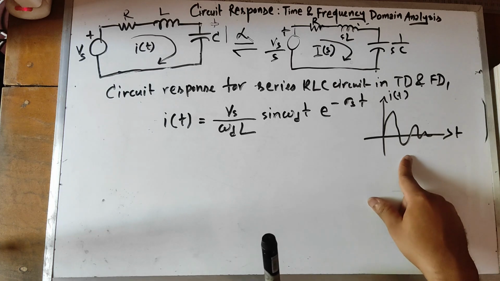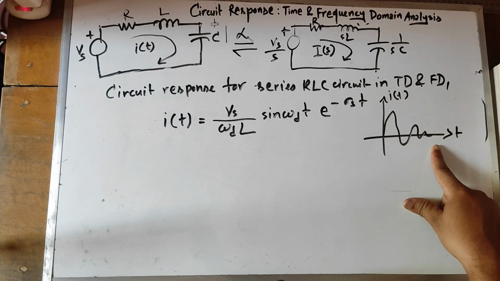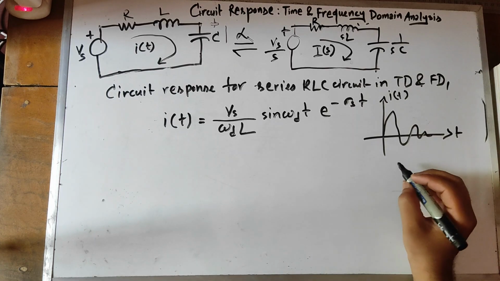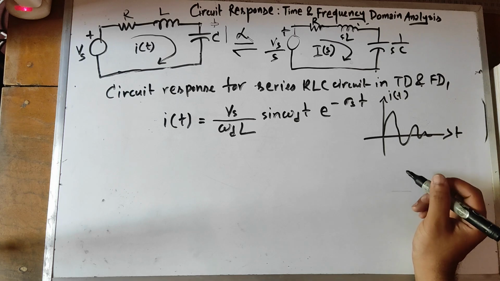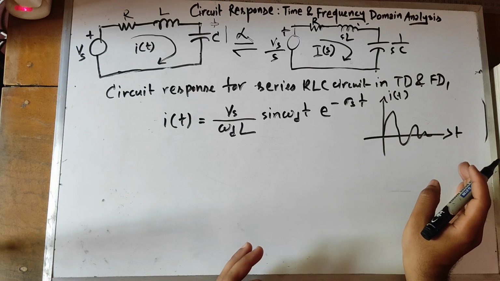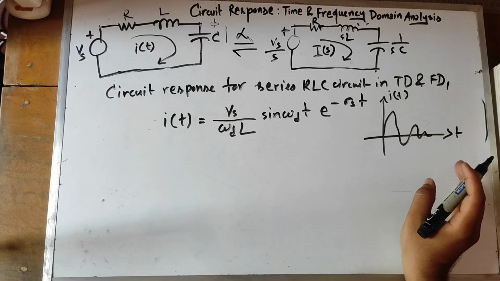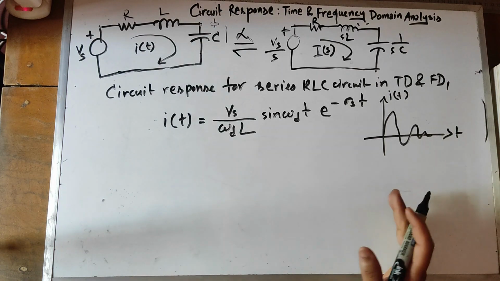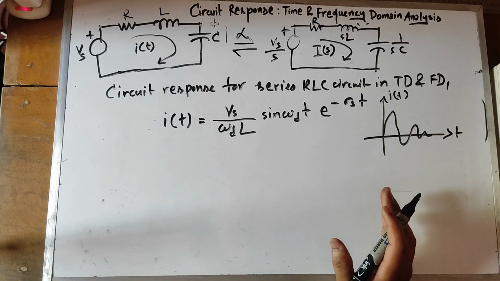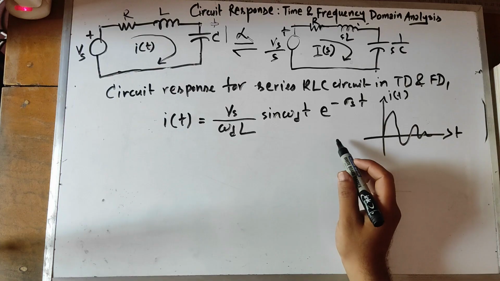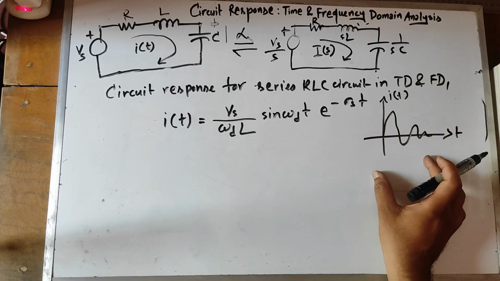And because current goes to zero at steady state, the voltage across the capacitor is Vs. So this aligns with the idea that at steady state there is no current in the RLC circuit. If you apply DC in a series RLC circuit, there's no current. If we consider a DC part, there's no current. Obviously this is just a transient part which decays over time.